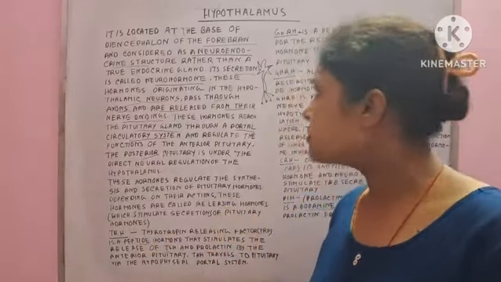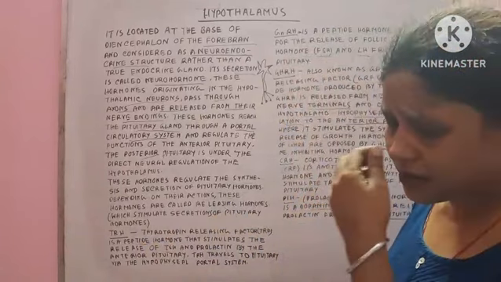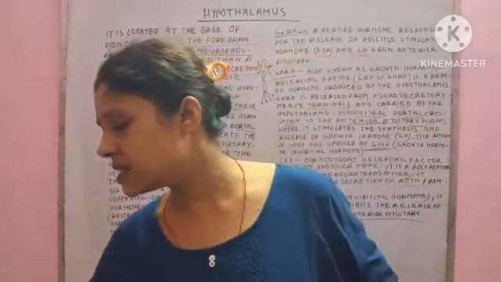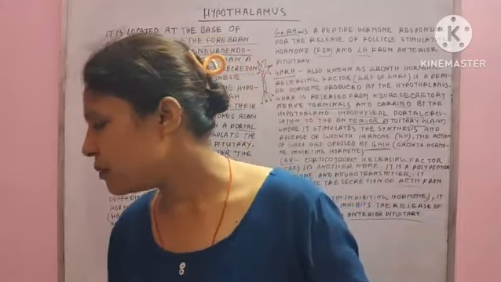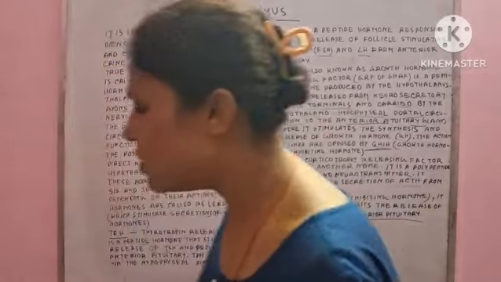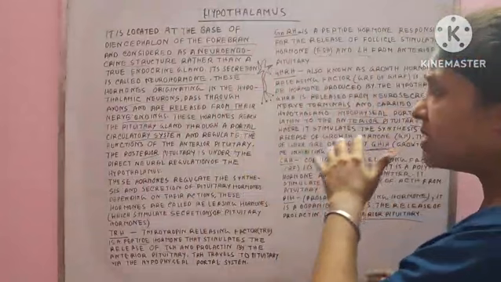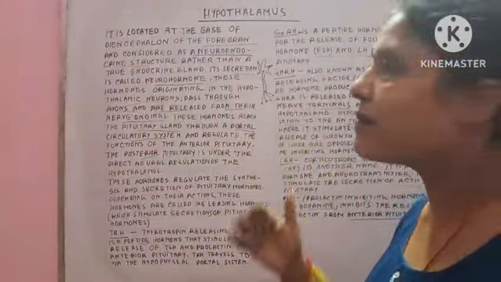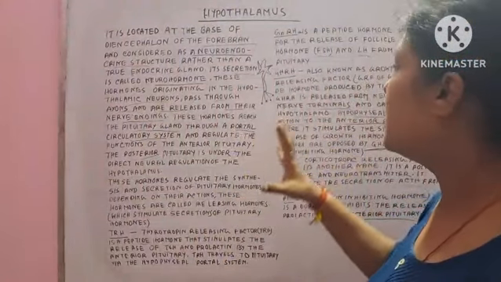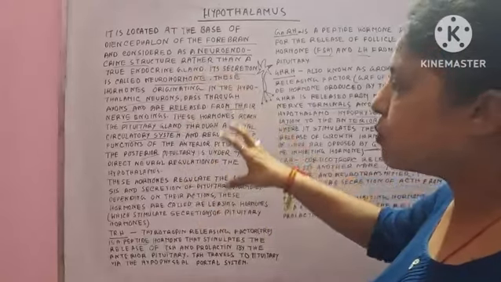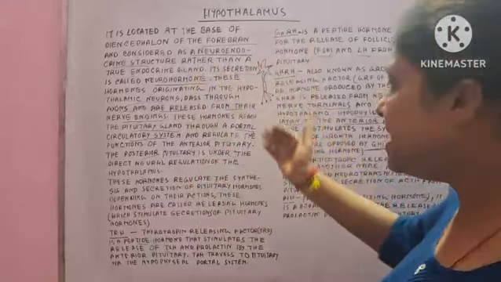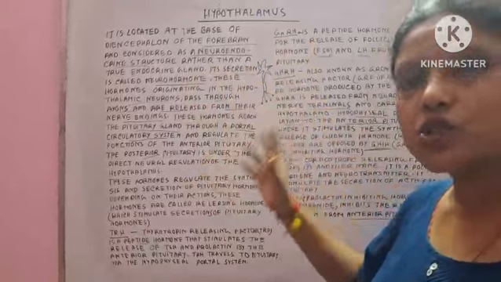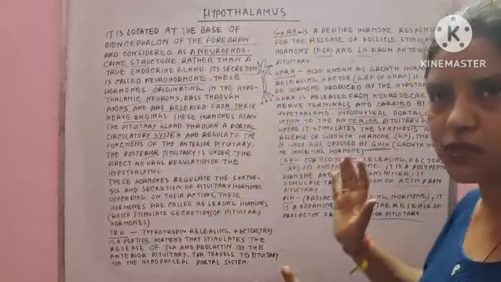Okay, so this is the hypothalamus, its structure and secretions. Here I have explained only the hormones released from the hypothalamus, how these hormones are released and where they reach, and how they control the secretion of other hormones.